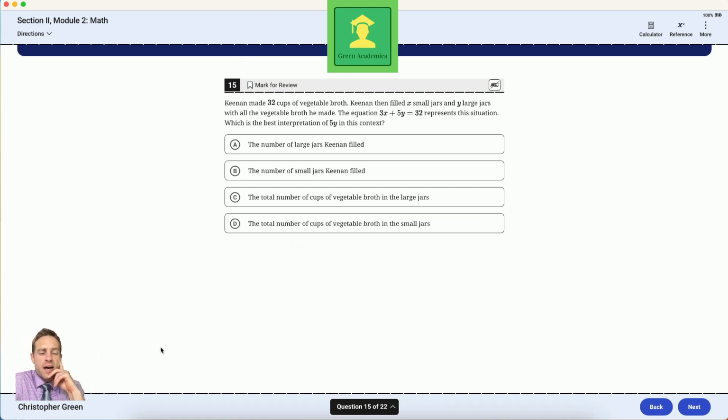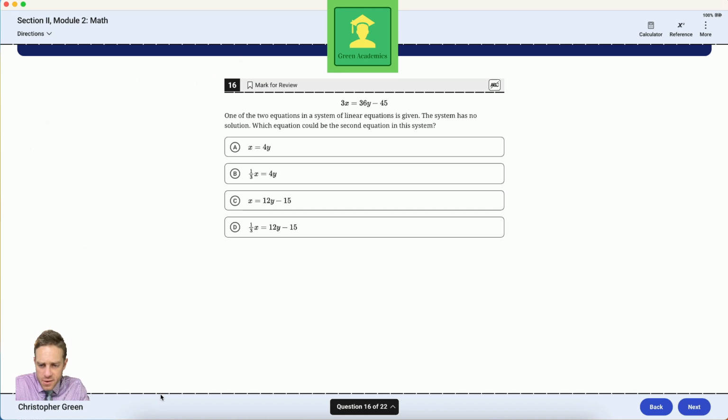So 5 times y would be all of the broth you have in the large jars. So the total number of cups of vegetable broth, well, it has to be for the large jars, which is why it's the total number of cups of vegetable broth in the large jars. Yeah, C is the answer. It's not A as in apple. That would be y itself.